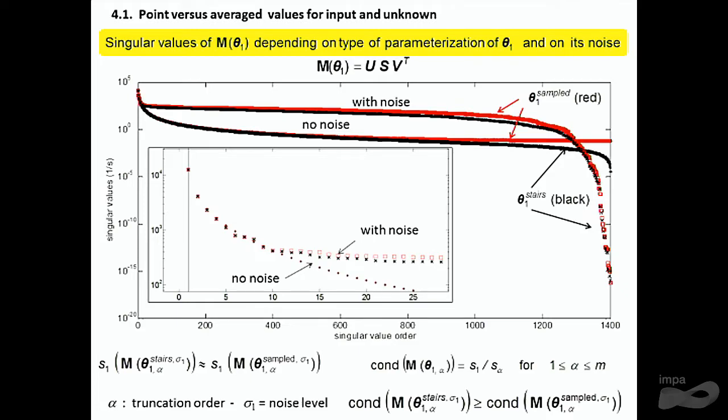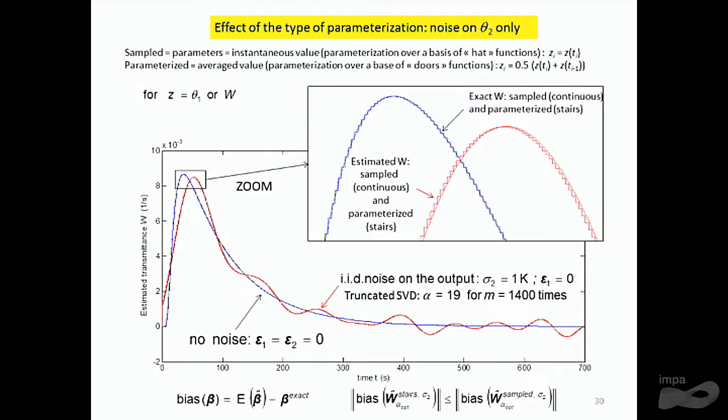With noise, of course, the singular value drops. When you use the sampled, the first singular value doesn't depend on the type of parametrization we make, nor on the noise. But the condition number with the stairs function is worse than with the sampled function.